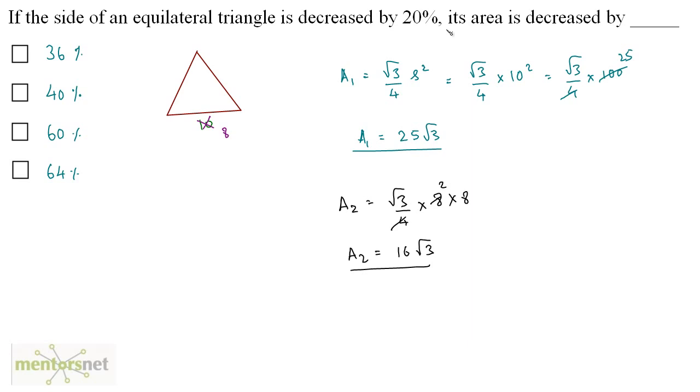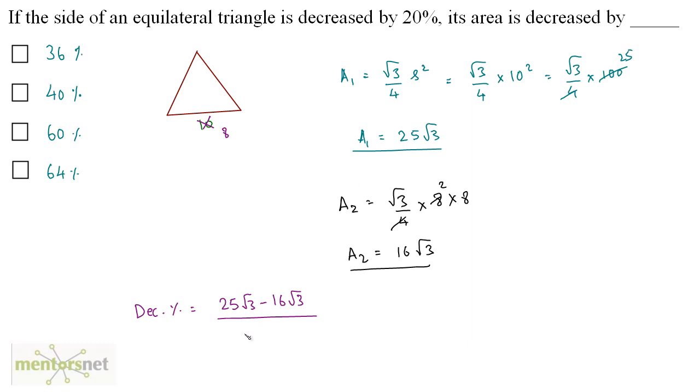Now we want to calculate the decrease percentage of the area. That means by how much percent is the area decreased. So decreased percentage will be equal to, what is the decrease in area? Well, 25 root 3 minus 16 root 3 is the decrease. On what is the decrease? Well, the decrease was on the initial area. The initial area became the final area.